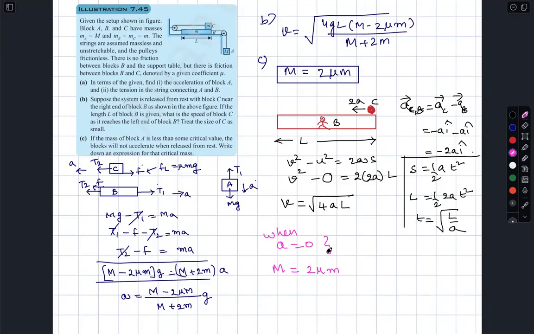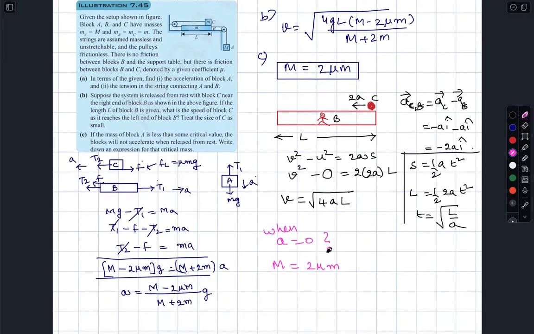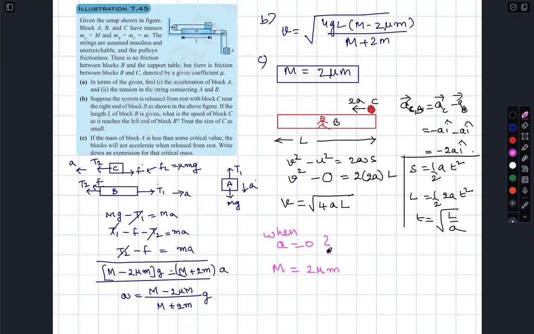Sure? And one more important point. At that stage, tension on both sides of the string is the same because of equilibrium. Got the point? Right. I have done this question. Any doubts, boys and girls? Is it really very difficult? Maybe lengthy, but not difficult.